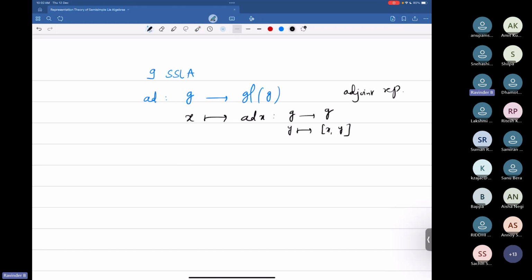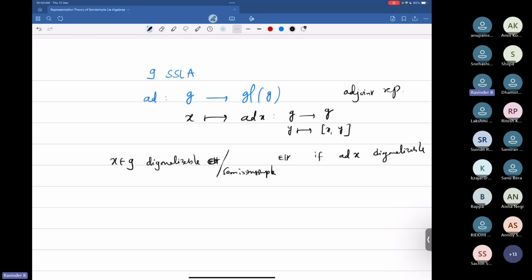So the definition is you look at ad G. So X in G is diagonalizable or semi-simple element, that means if you look at ad X, because I know for matrices or linear maps what is nilpotent and what is semi-simple, so what is diagonalizable? So it should be that ad X is diagonalizable.